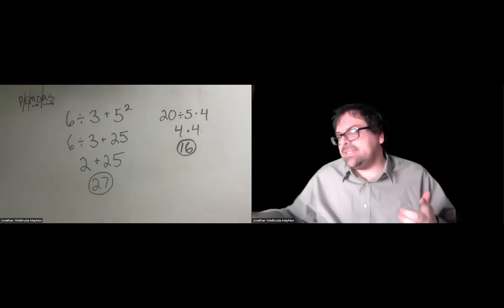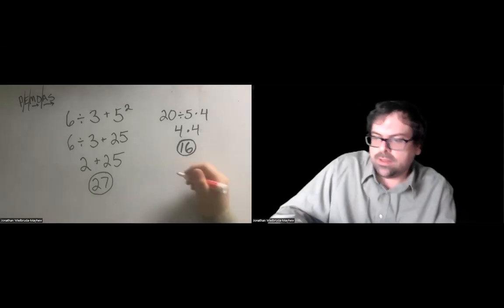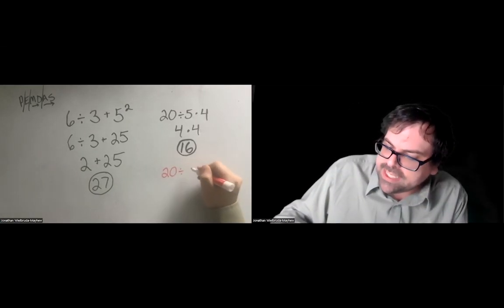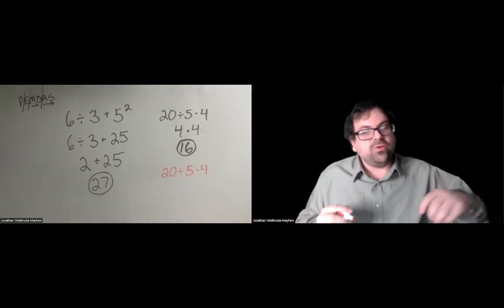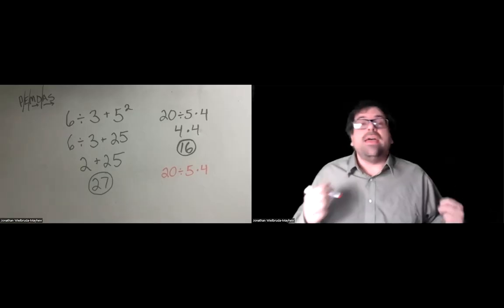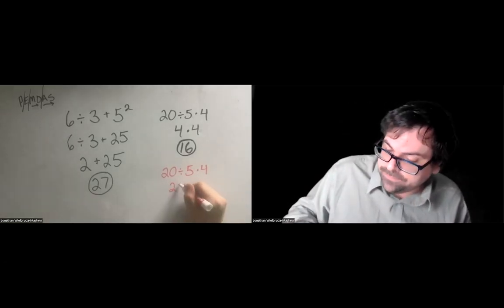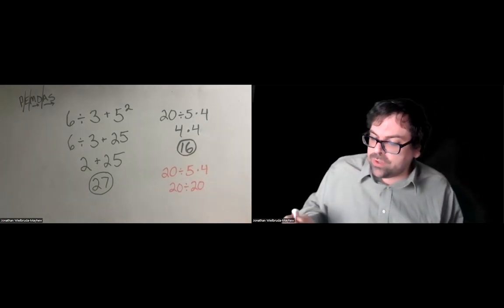If you misunderstand the order of operations, if you look at PEMDAS and go, M comes before D, multiplication comes before division, you would do 5 times 4 first, which would give you 20.